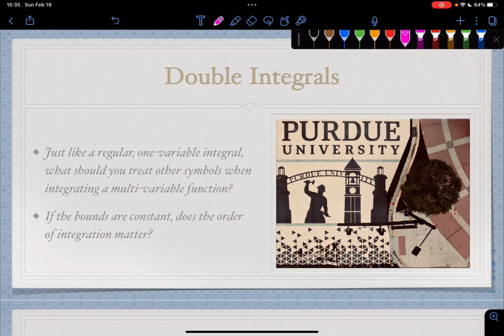And just like a regular one variable integral, what should you do with other symbols when integrating a multivariable function? What should I do with the y variables when I'm integrating with respect to x? We should treat all other variables as constant.